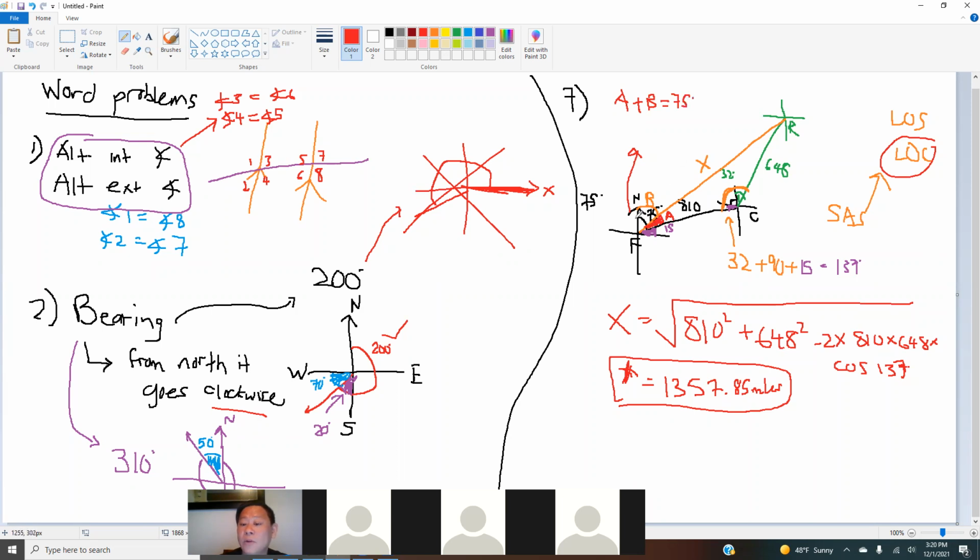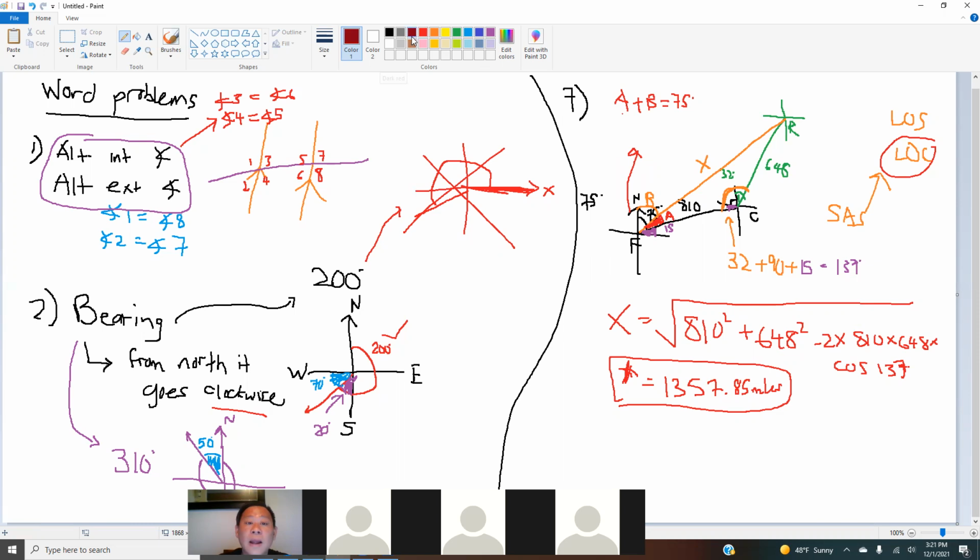If you look, 75 degrees goes from Franklin to Centerville, so this whole span from here to here is 75. If you break this into two angles, adding A and B gives you the bearing 75. So we just need to find angle A, plug it back in here, and subtract it, and then you get angle B.